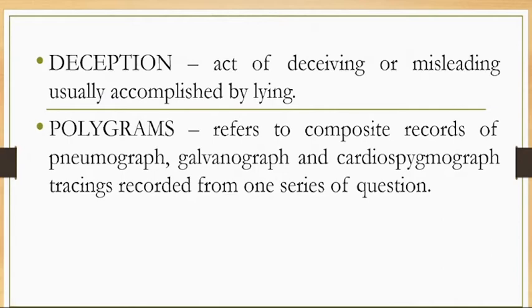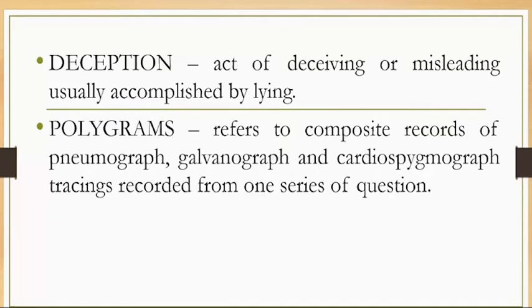Then, the term polygram refers to the composite record of pneumograph, galvanograph, and cardiosphygmograph tracings recorded from one series of questions. Maybe it's not easy for you to understand these terms. The pneumograph has a picture, because it is the part of the machine that measures breathing.